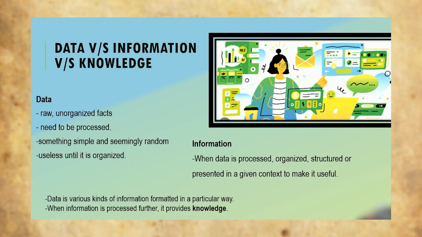On the other hand, information is when data is processed, organized, structured, or presented in a given context to make it useful. So, data is various kinds of information formatted in a particular way. And when information is processed further, it provides knowledge.